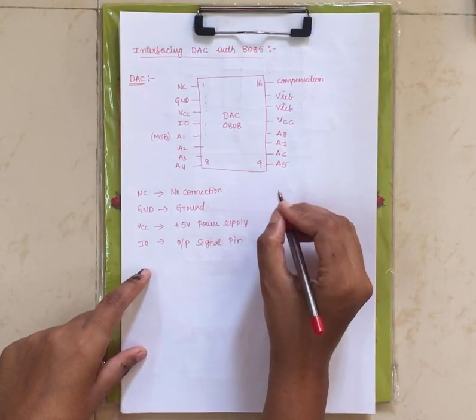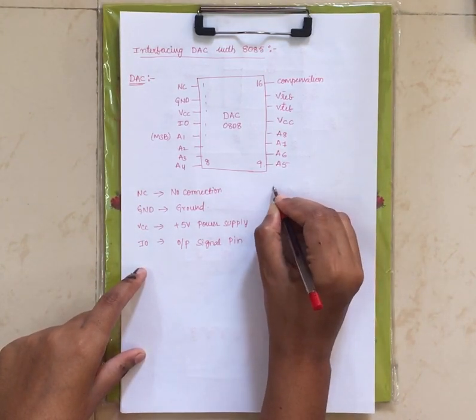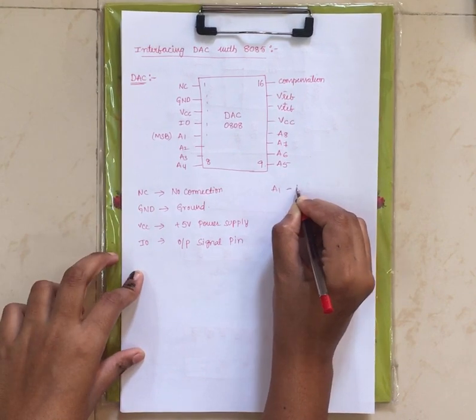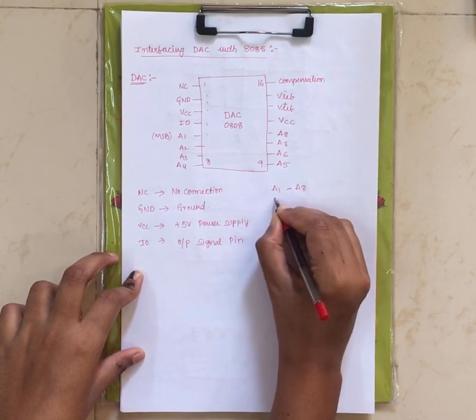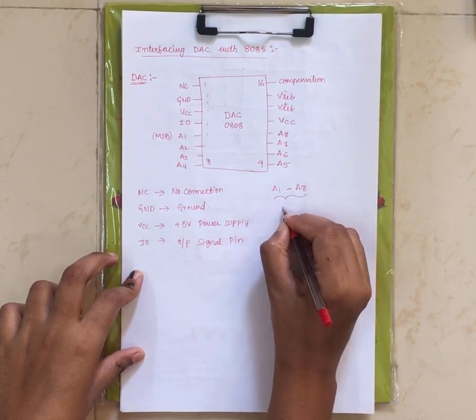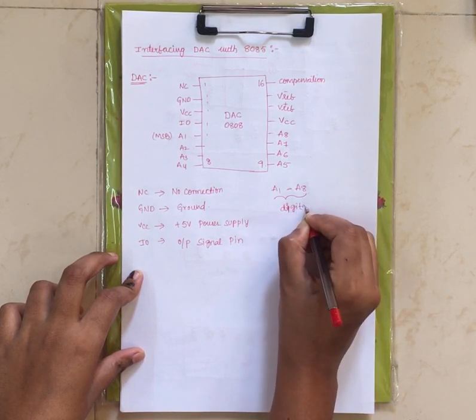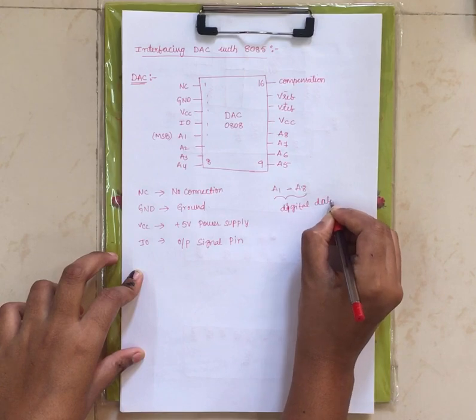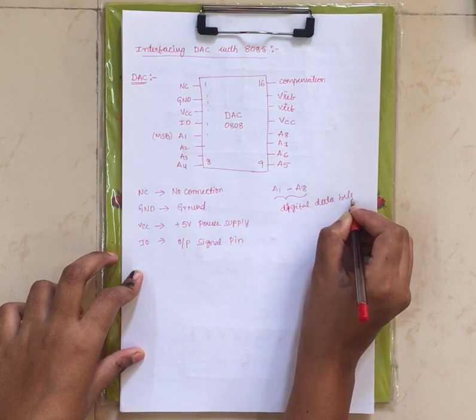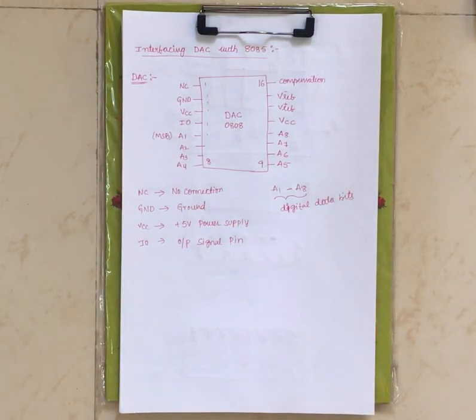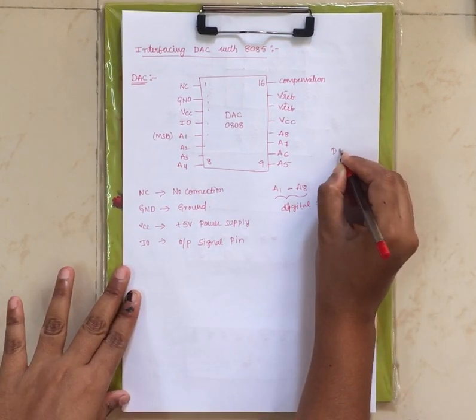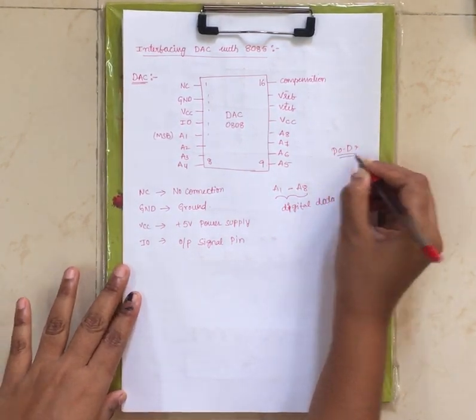Now starting from A1 to A8, you have A1 to A8. These are nothing but digital data bits you are giving as input. Whereas in your 8085, 8051 and 8255, those are represented by D0 to D7, in the same manner.